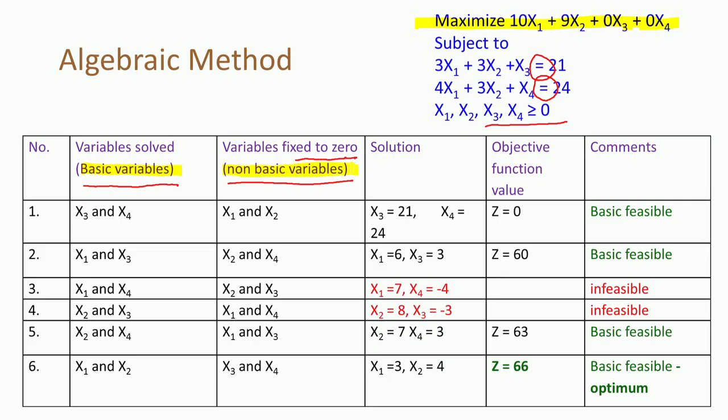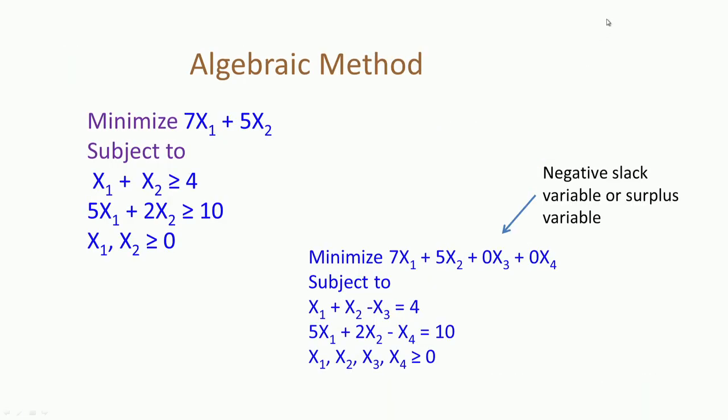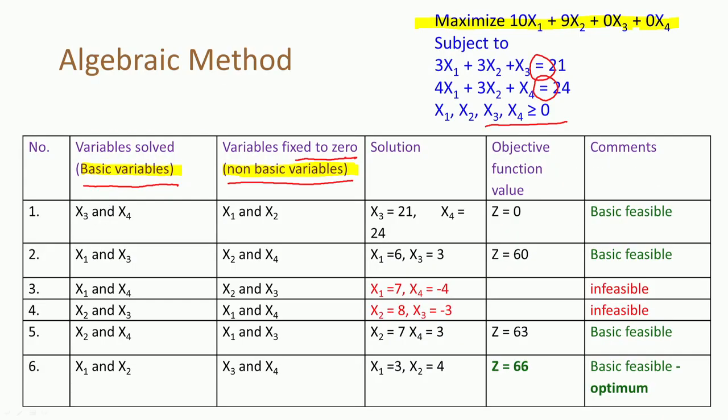Now, we have a total of 4 variables in this formulation that we have. At any point I am going to solve only for 2 variables and I am going to fix some other 2 variables to 0.